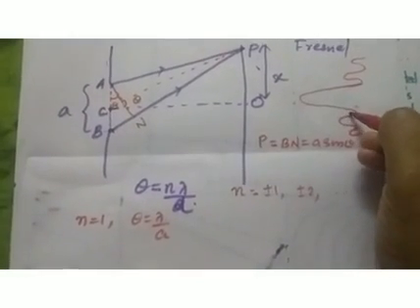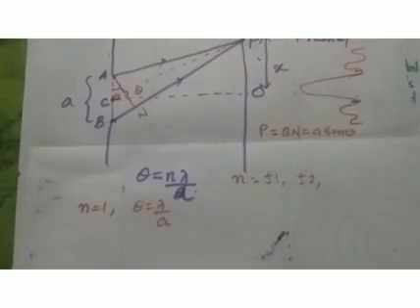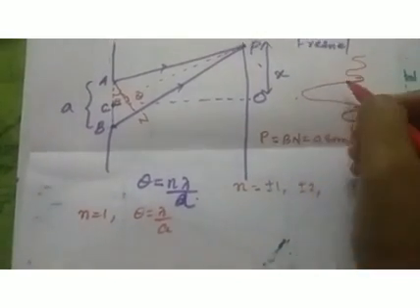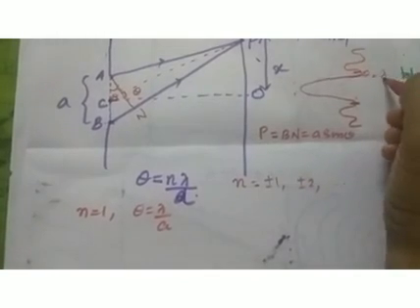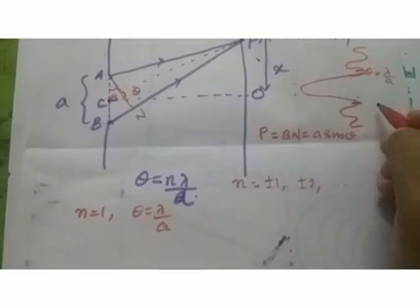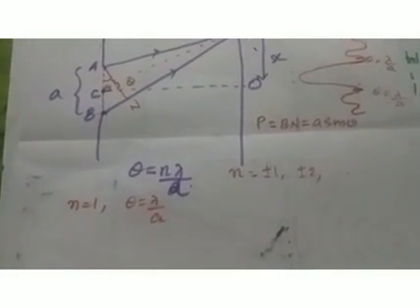So n equal to 1 corresponds to this position, this or this. That is the first secondary minima. So the first secondary minima is observed at theta equal to lambda by a. Here also at theta equal to lambda by a, there the first secondary minima is observed.